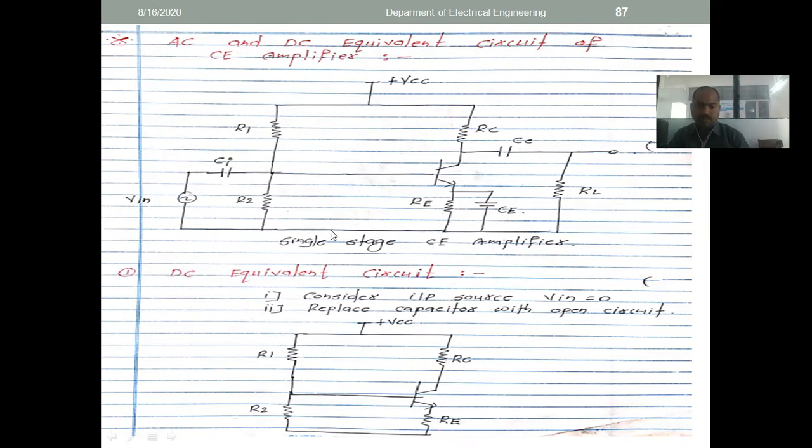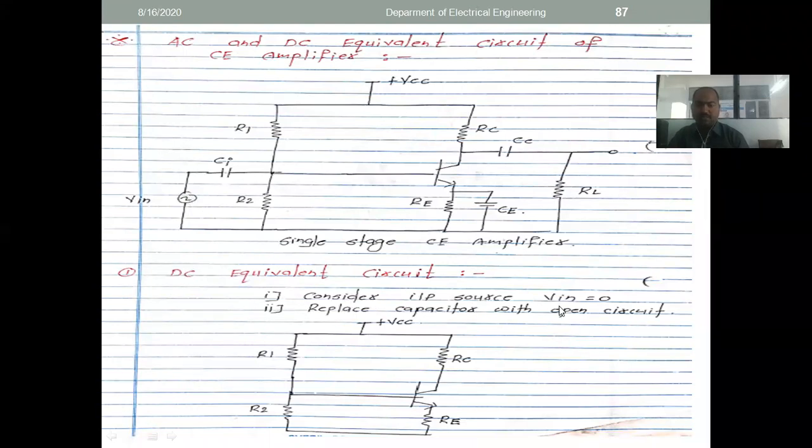And this is the circuit. For the DC analysis, you have to develop the DC equivalent circuit. There are two conditions. First condition is considering the input source Vin equal to 0, because it is a DC analysis, so it doesn't require the input AC, so it is 0.